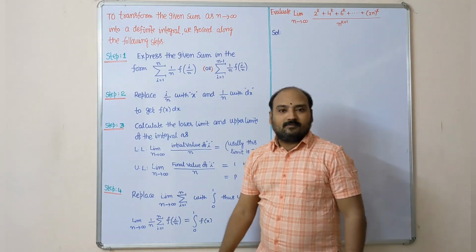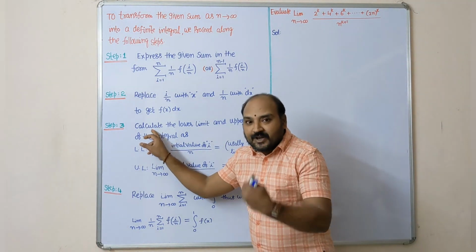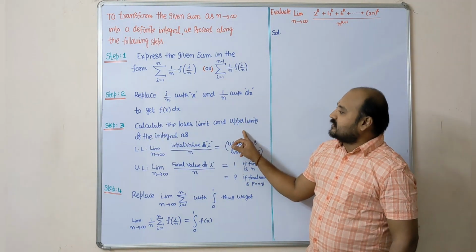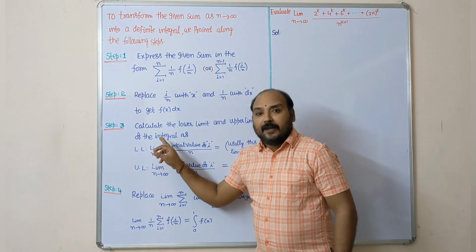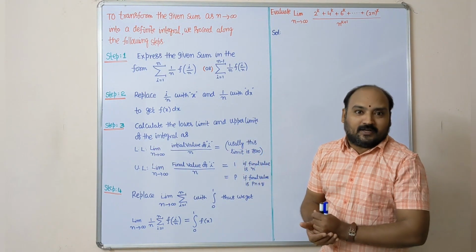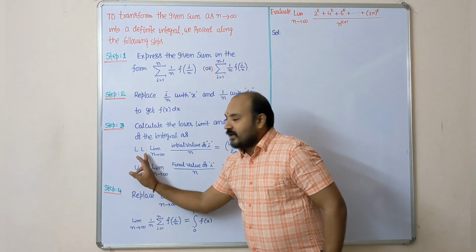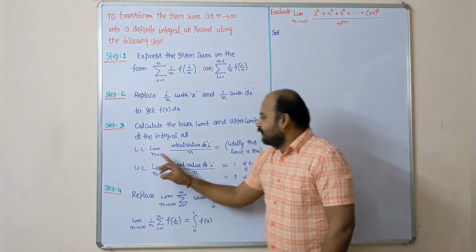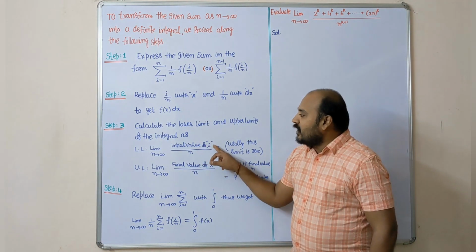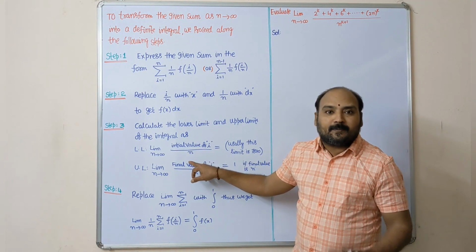Later, in step 3, calculate the lower limit and upper limit of the integral. How to calculate them? Lower limit: limit n tends to infinity of the initial value of i divided by n.